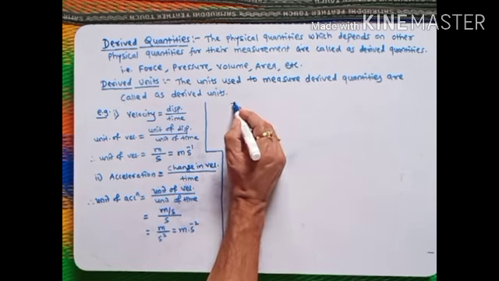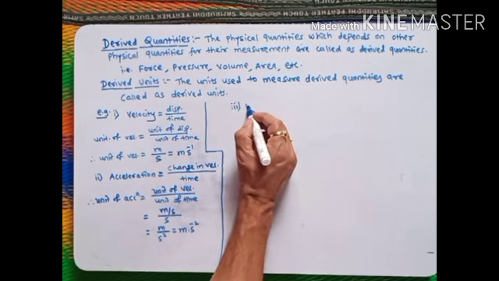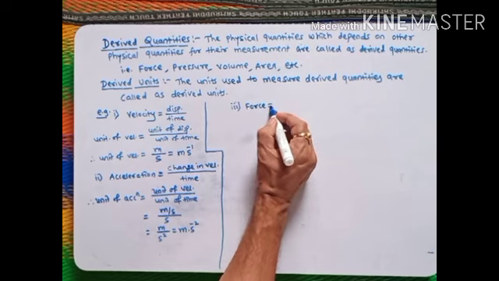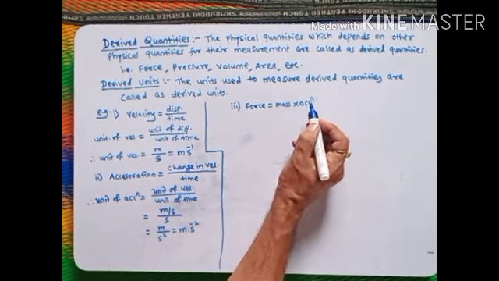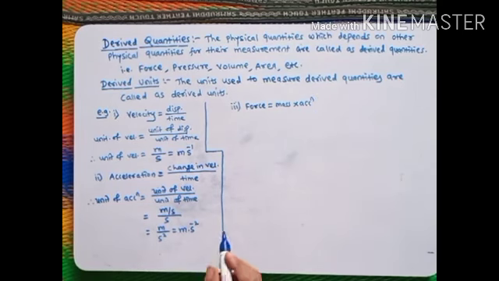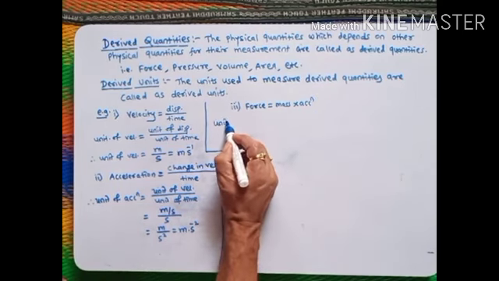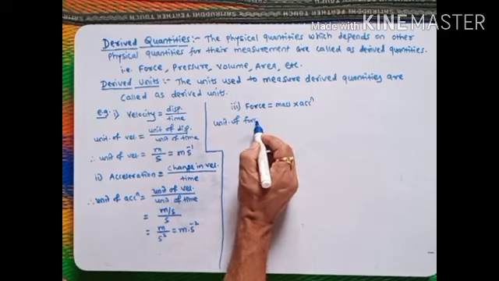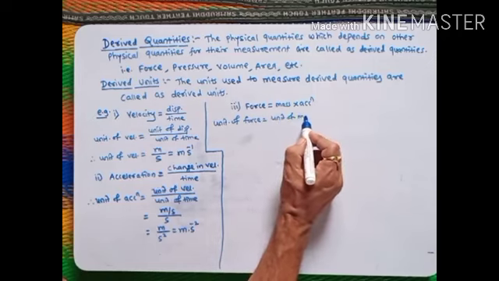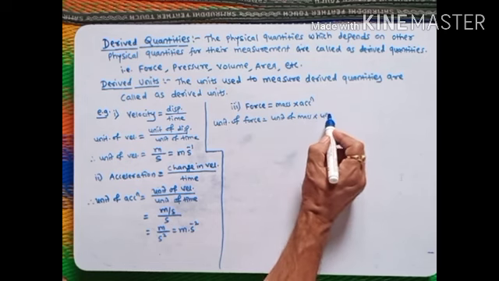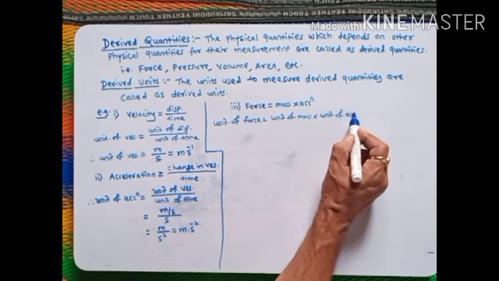Then the third example. Suppose force is equal to mass into acceleration, F equals ma. Then unit of force is equal to unit of mass into unit of acceleration.